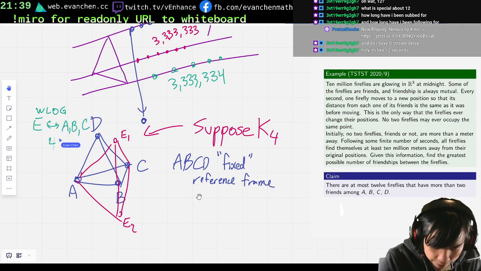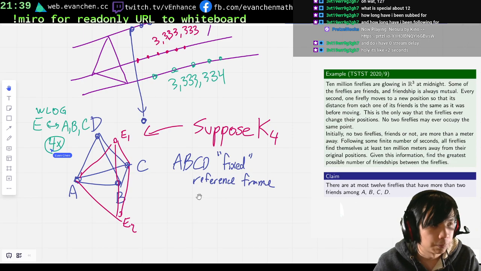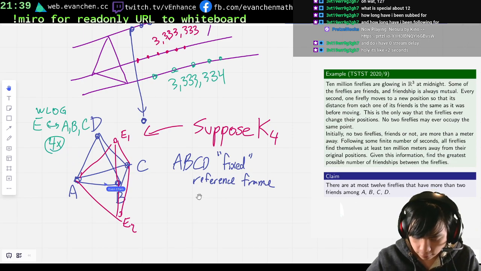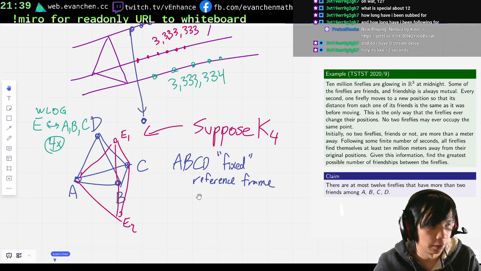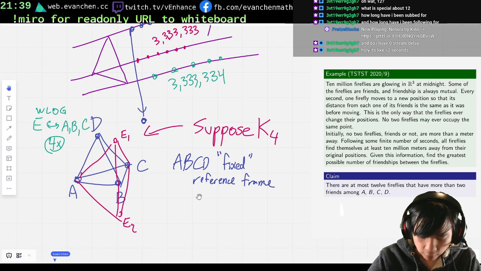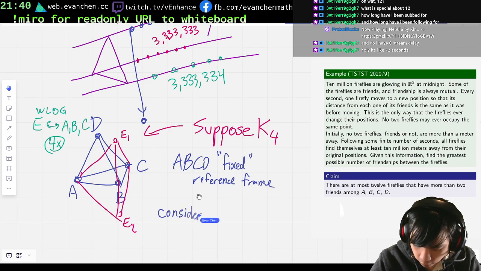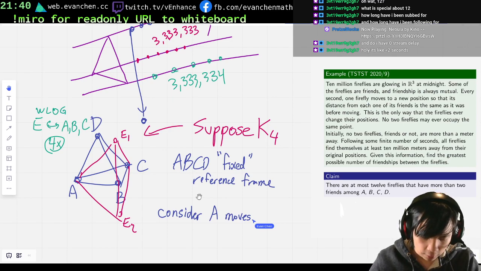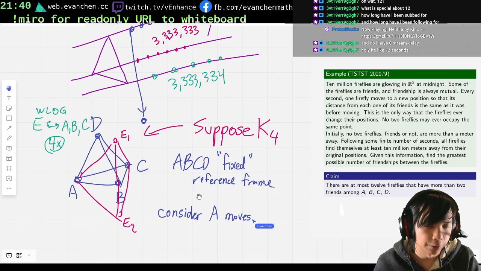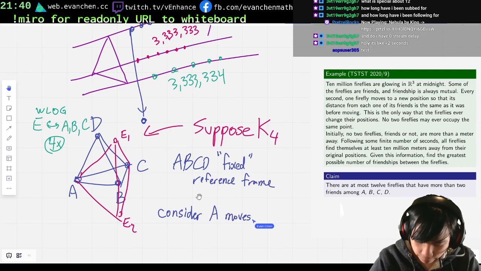There's 4 choices here actually, because I could pick any of these 4 vertices. So far I haven't done any work yet. I'm just saying stuff without loss of generality. Now, consider a moment when A moves. At a moment just before A moves, wherever firefly E is, it could be either E1 or E2, but it has to lie in plane BCD at that point for firefly A to move.